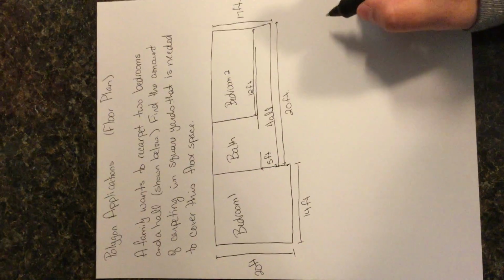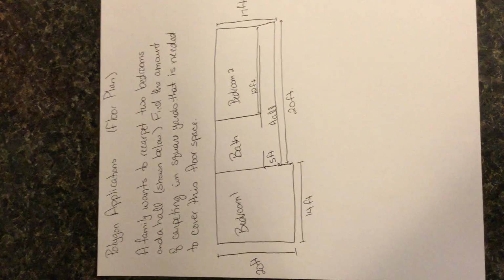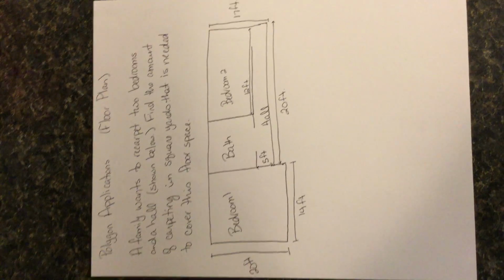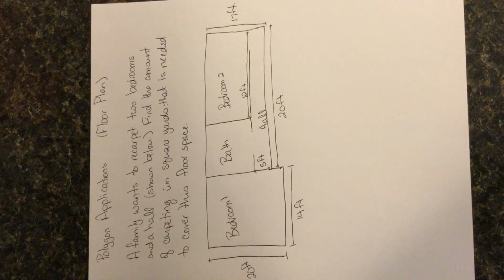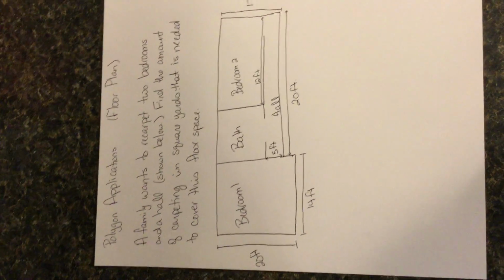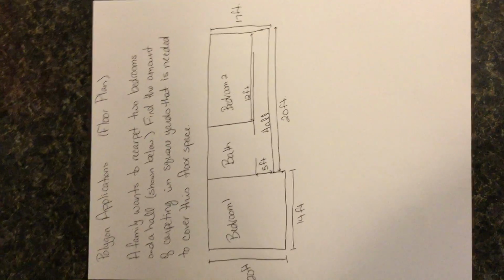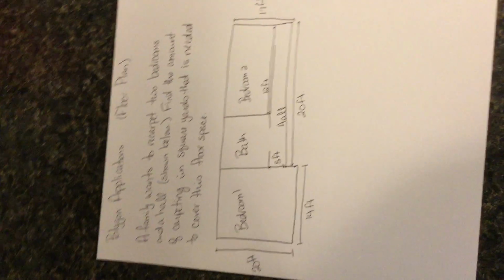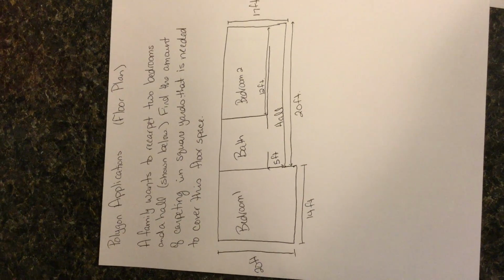So for this particular problem, a family wants to recarpet 2 bedrooms and a hall, which is shown below. Find the amount of carpeting in square yards that is needed to cover this floor space. So I've drawn it here. It's not drawn to scale, obviously, but I've drawn it here best I can.